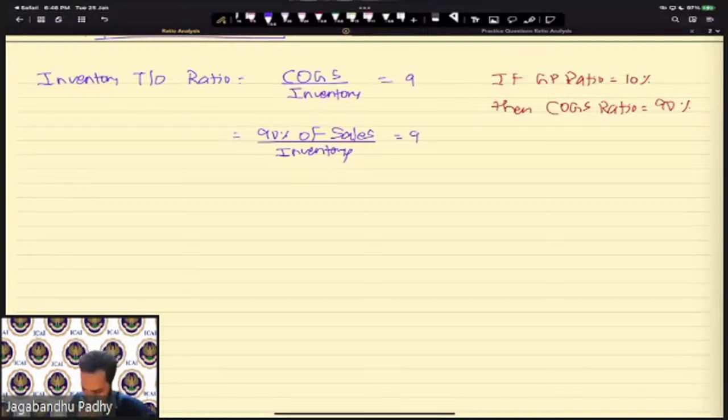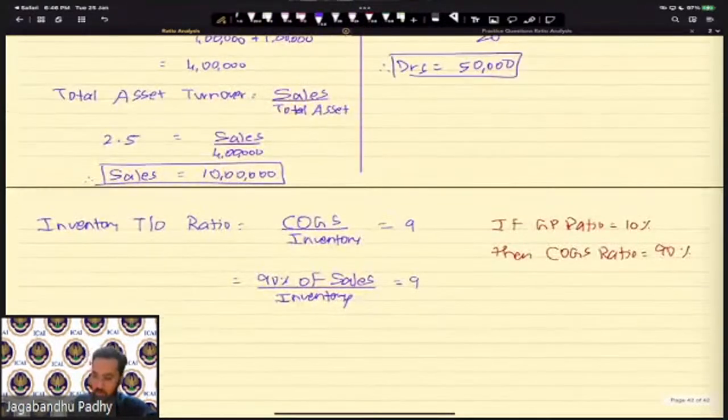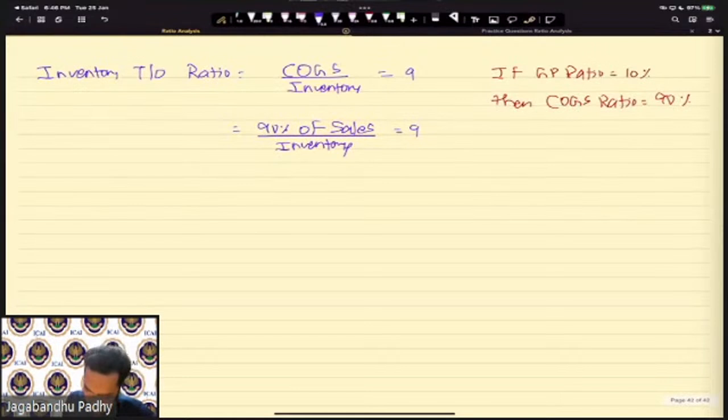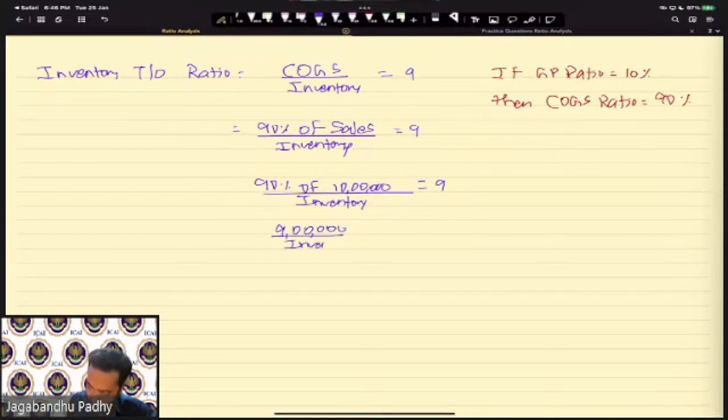So 90% of sales upon inventory is 9. So this is 90% of sales. What is the sales figure? Sales figure is 10 lakh. So this is 90% of 10 lakh upon inventory is 9, which means 9 lakh upon inventory is 9.